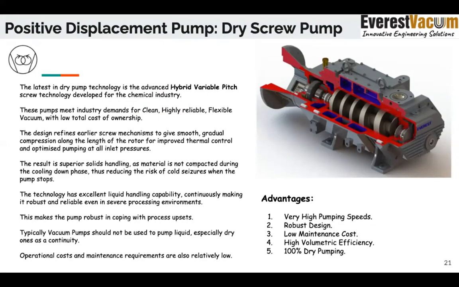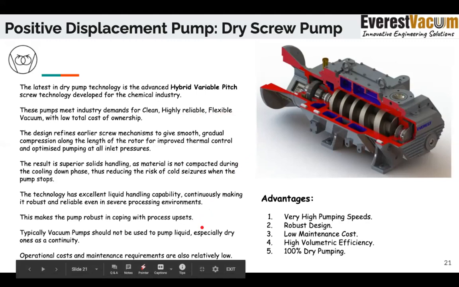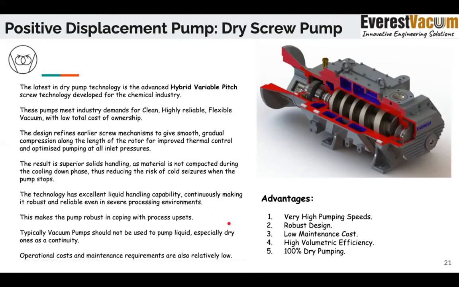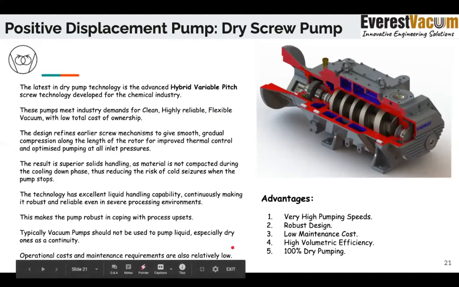The pump is very robust and is good in coping with any upsets in the process. Typically, the pump should be used to pump dry gases, but in case, because of process upsets, any liquids come in, there is decent enough capability within the pump to pump these liquids as well.